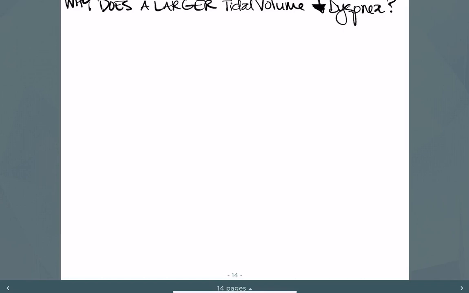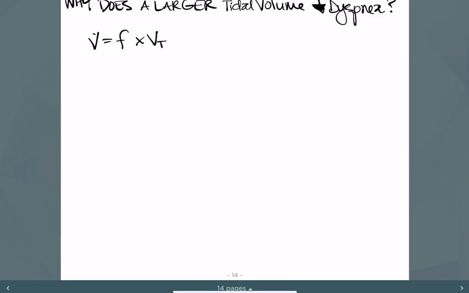If you turn your notes to the next page, there's a little space for this conversation of why does a larger tidal volume decrease dyspnea? Why do we care if they use frequency over volume? Minute ventilation is just frequency times tidal volume.